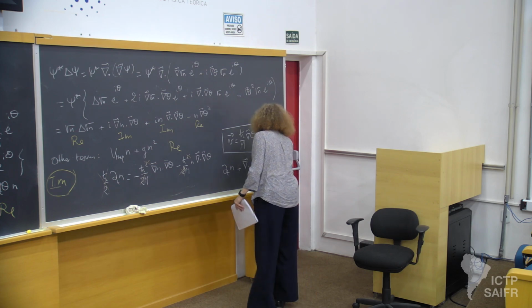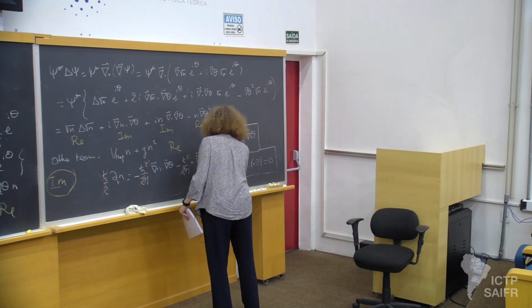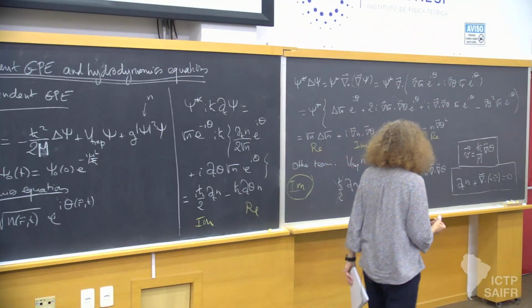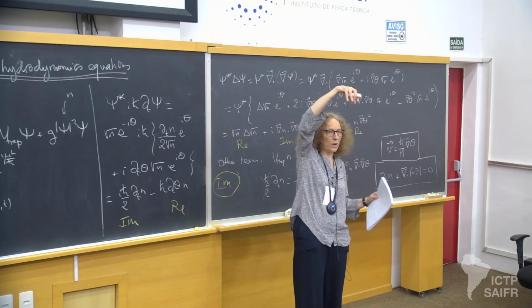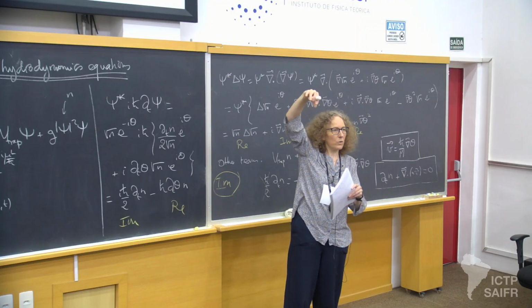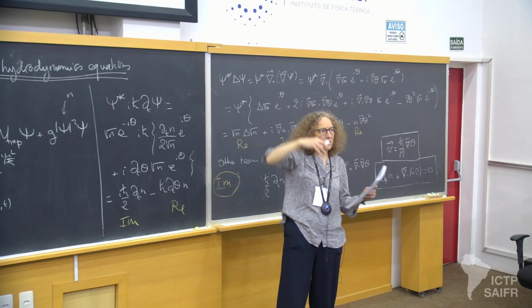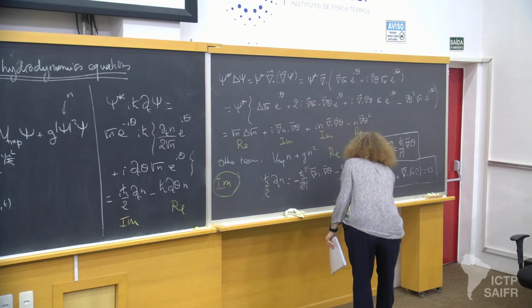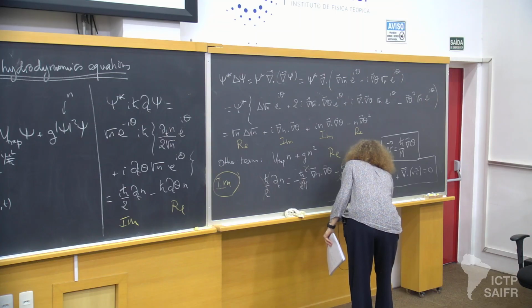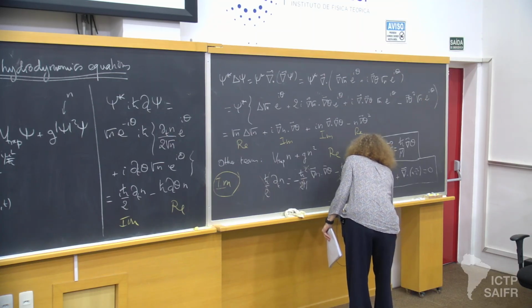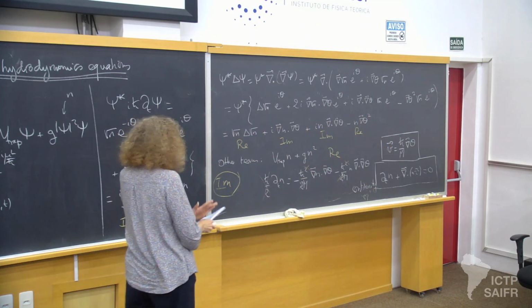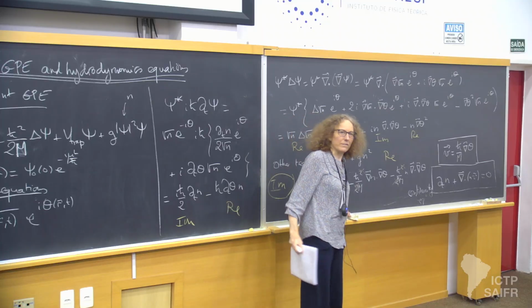This is 0. So this is my first hydrodynamic equation, and this is called the continuity equation. It says that if you have some flow that goes through a surface, it has to be conserved, so there are as many particles that go on one side and the other. And so it ensures the continuity. So now let me go to the other guy with the real part.